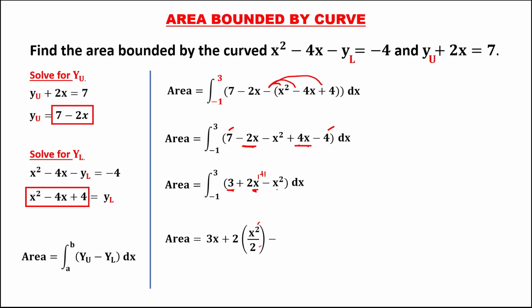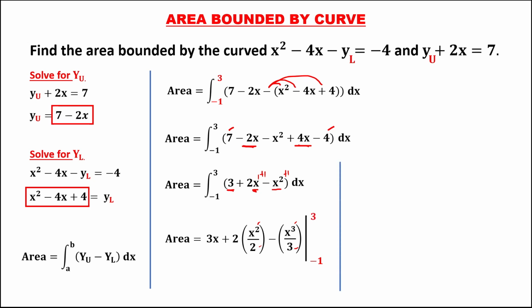Then minus the integral of x to the power 2, plus 1, that's x to the power 3, and again the denominator must be equal to this exponent, so over 3. And the limits are negative 1 and positive 3.